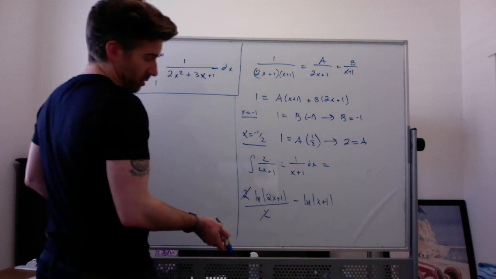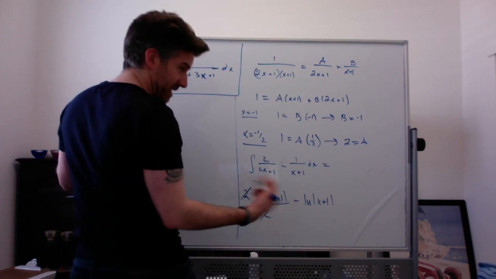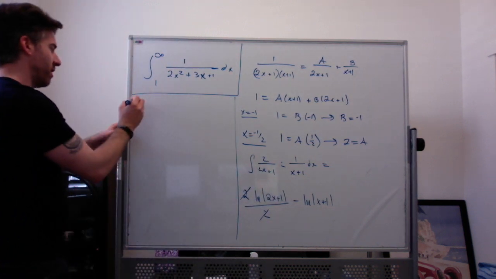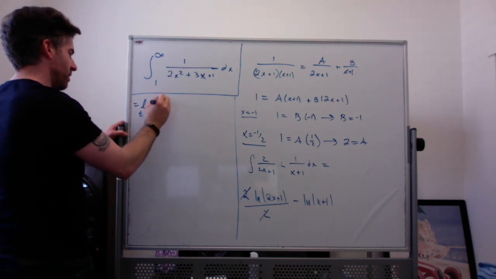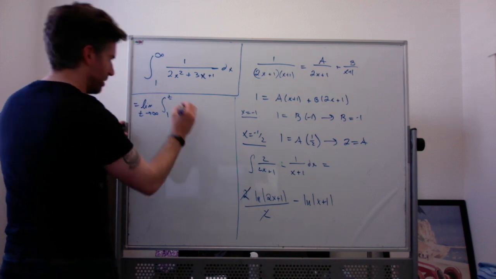Okay, so here's the thing. Just to double check, the derivative of the natural log of 2x plus 1 is 1 over 2x plus 1 times the derivative of that, which is 2. So it definitely is that. All right, so here's what we've got. This is equal to the limit as t goes to infinity of the integral from 1 to t of, I guess I could write this intermediate step.